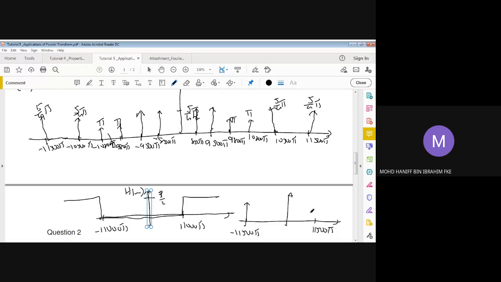The amplitude of these impulses will be a multiplication of 5 over 4 pi and 3 over 2, which will give us 15 divided by 8 pi. So that will be your Y omega. Okay, that should be the spectrum for Y omega. Is that understood? Is there any question for question number 2, question 1 of tutorial 5?